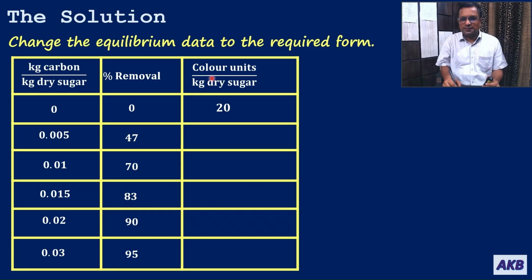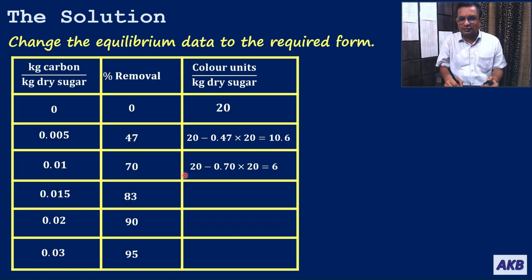So initially in the solution, we have 20 color units per kg dry sugar. Then when you add 0.005 kg carbon per kg dry sugar, what happens? The color units per kg dry sugar that remain in the solution will be 20 minus 0.47 into 20. That is 10.6. I have discussed this.